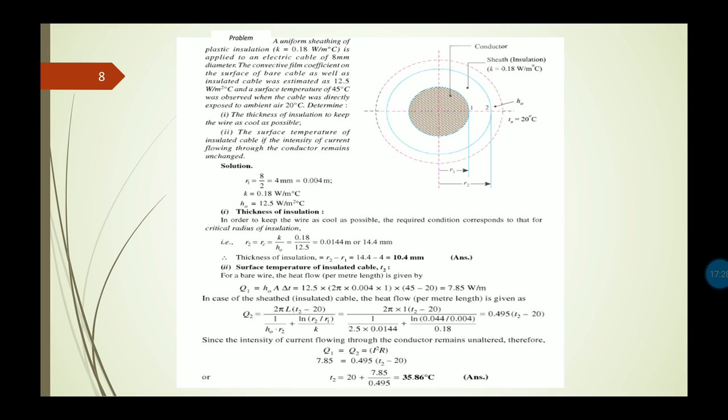So these are the things given in the question. We need to determine the thickness of insulation to keep the wire as cool as possible, and the surface temperature of the insulated cable if the intensity of current flowing through the conductor remains unchanged.